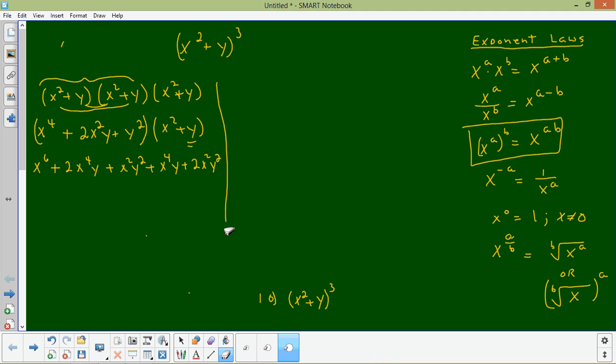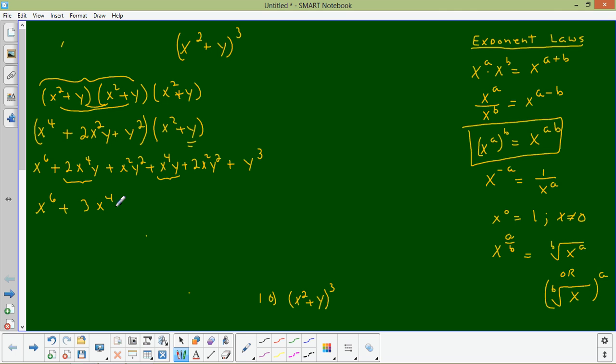And I need my eraser. Make myself a little more space here. And then the y times the y squared gives me a y cube. All right. Now there are a few terms that are common. We have a 2x to the fourth y and a 1x to the fourth y. So we're going to have 3x to the fourth y.